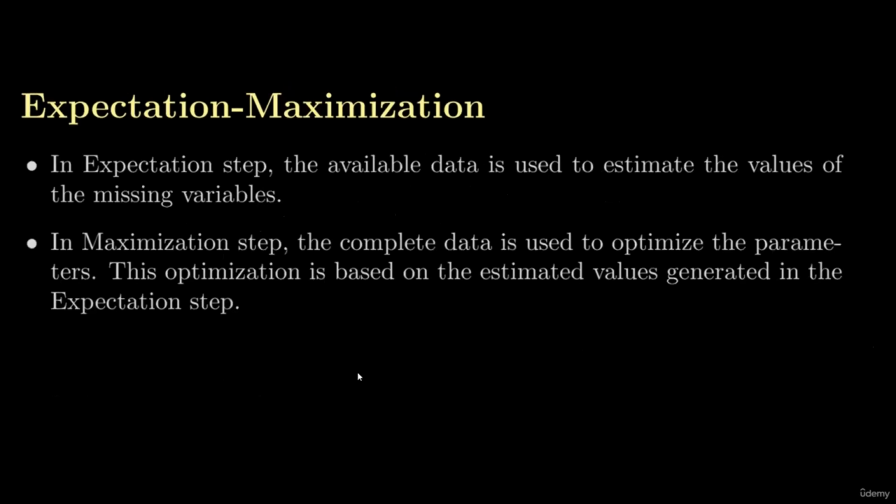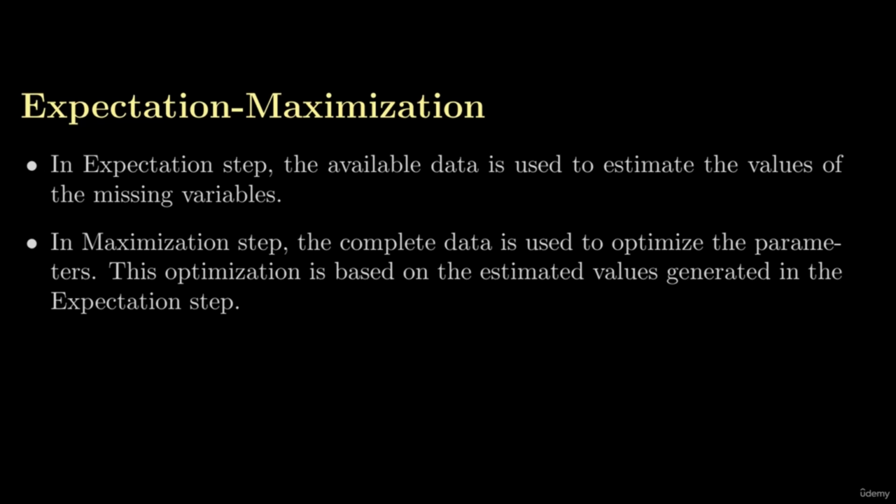So what do we do in the expectation step? In the expectation step, we use the given data to estimate the unknown or missing data. And when those missing values are found, then in the maximization step, we use the complete data to update or optimize the parameter. This optimization is based on the estimated values generated in the expectation step.